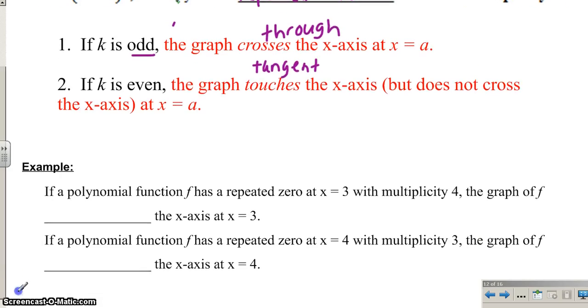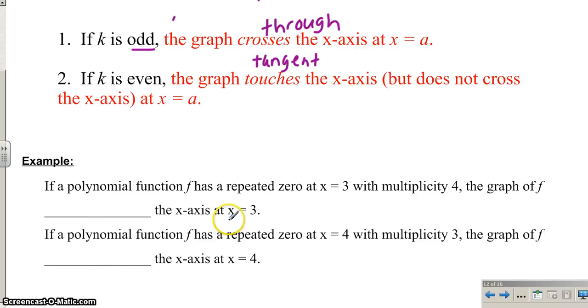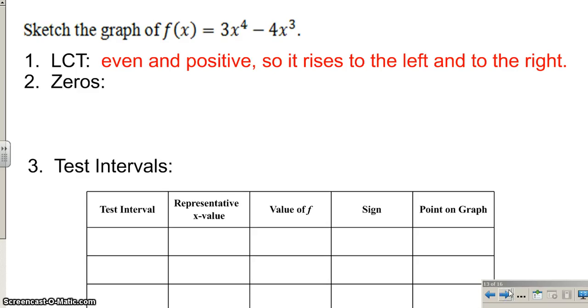So in this quick example down here, if you have a polynomial where x equals 3 has a multiplicity of 4, then that means it's going to touch the x-axis at x equals 3. If you have a zero, x equals 4 with multiplicity of 3, since it's odd, it's going to go through. Okay? Pretty easy, since you already explored that earlier.